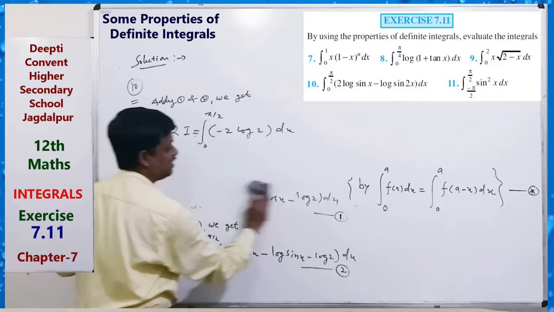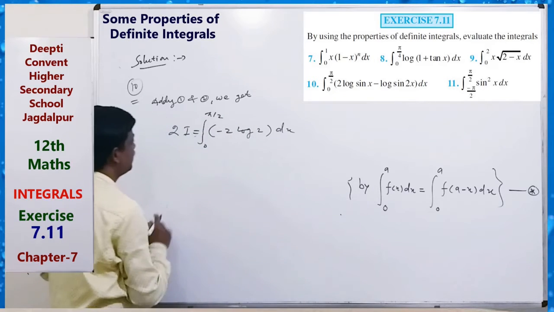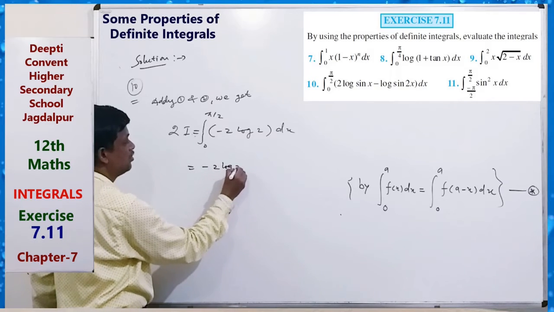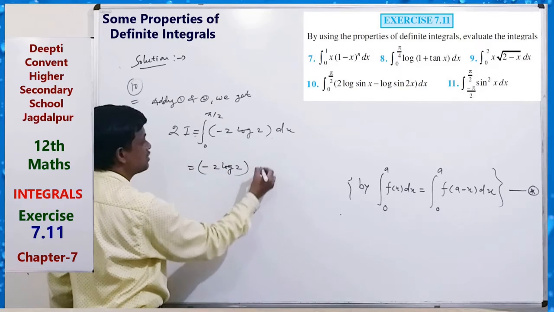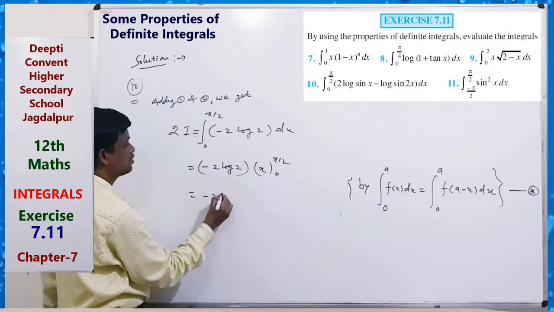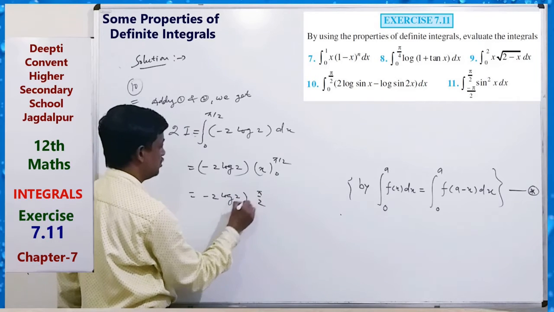So our integral is nearly solved. This is a constant, so minus 2 log 2 times x from 0 to pi by 2, which equals minus 2 log 2 into pi by 2.